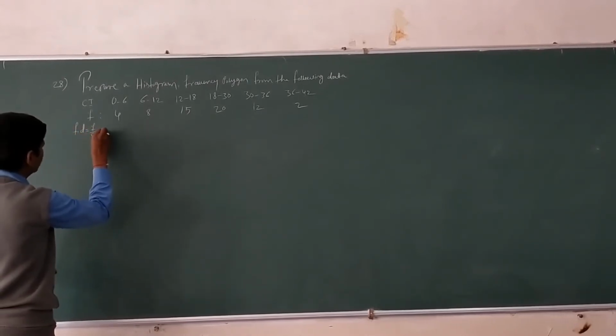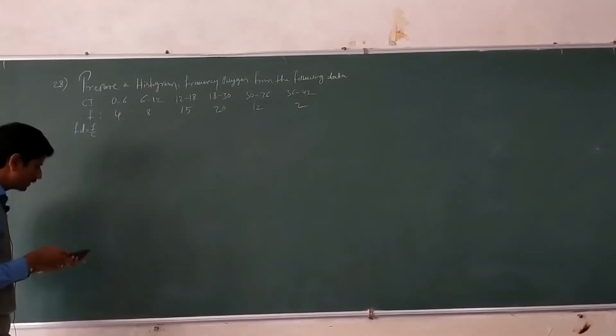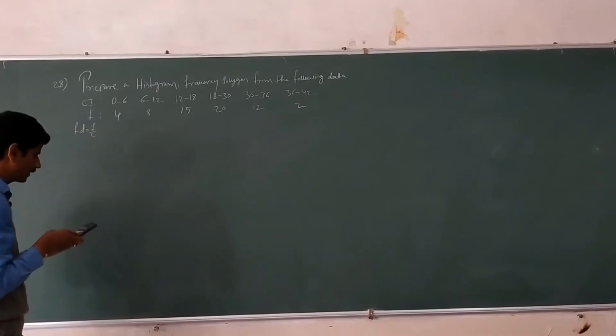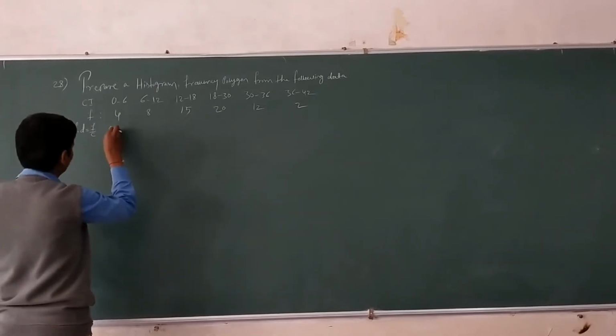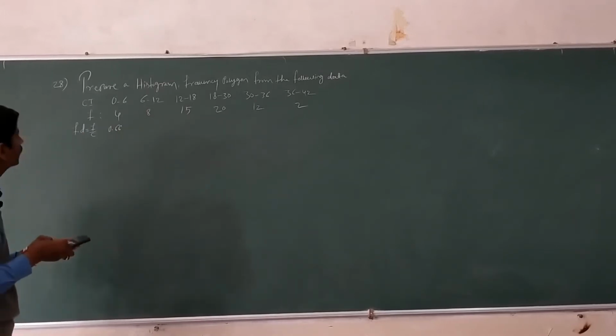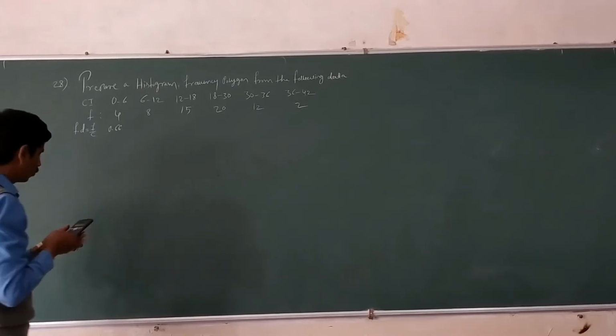Frequency density is F/C. Here the frequency is 4, 4 divided by the width of the class interval, 6. 4 divided by 6, you get 0.66. The next, 8 divided by 6, 1.333.